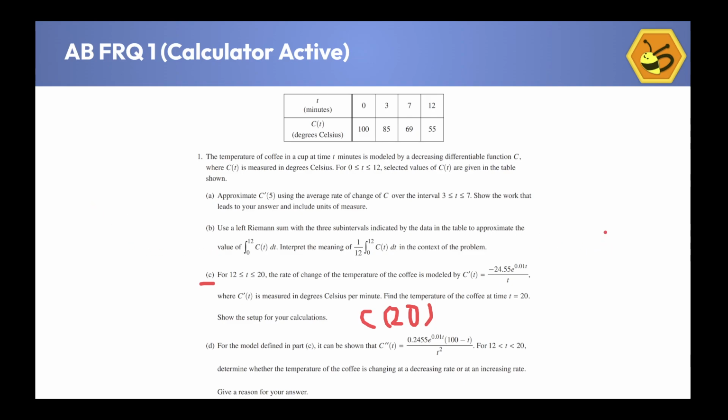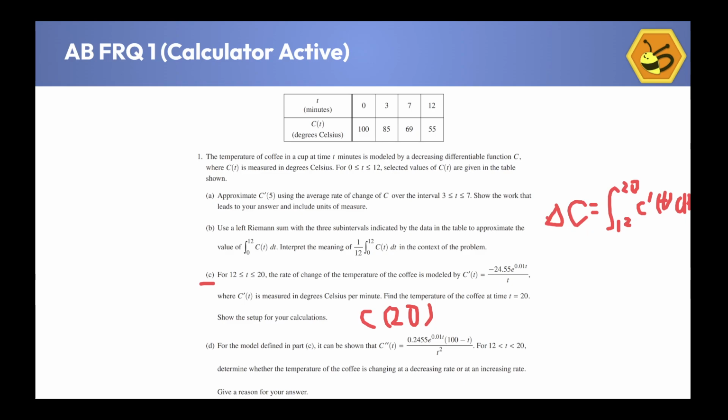So a great formula to use is that the change in temperature equals the definite integral from 12 to 20 of the derivative, dt up here. I don't have space right. So we can integrate the derivative to get the change.